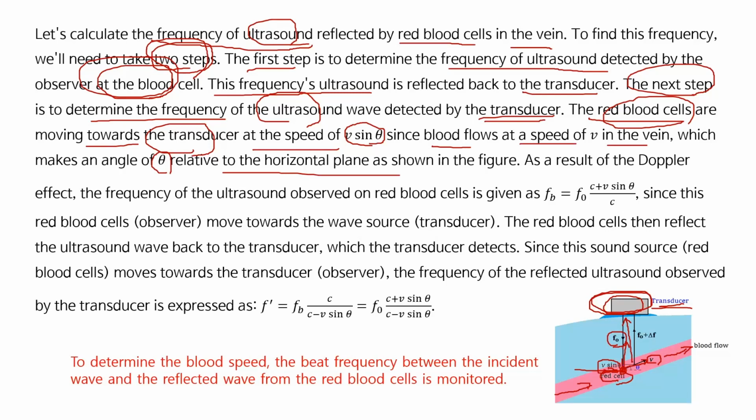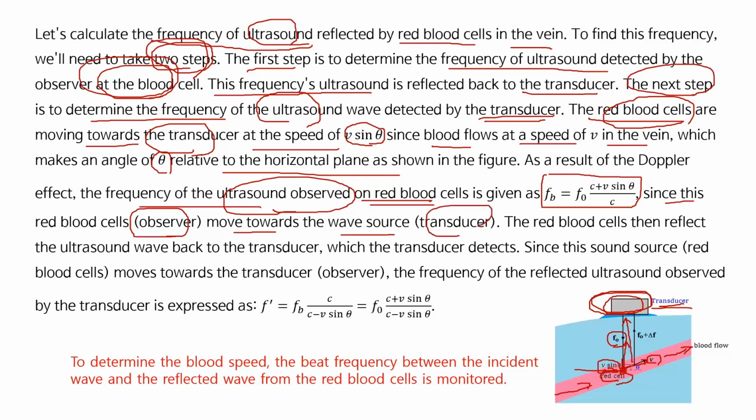As a result of the Doppler effect, the frequency of the ultrasound observed on the red blood cell is given by this equation. Since this blood cell, this observer, moves towards the wave source, the transducer, we have to add this speed here.